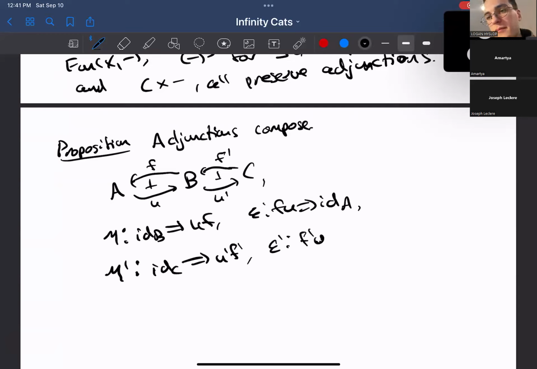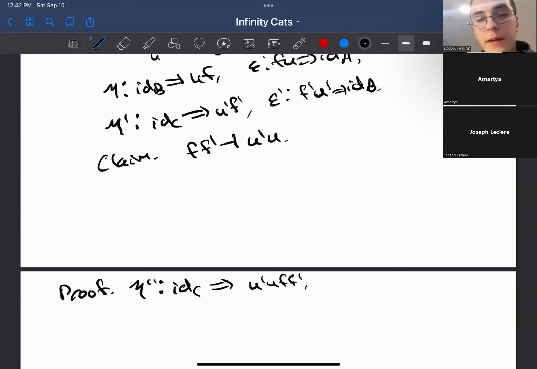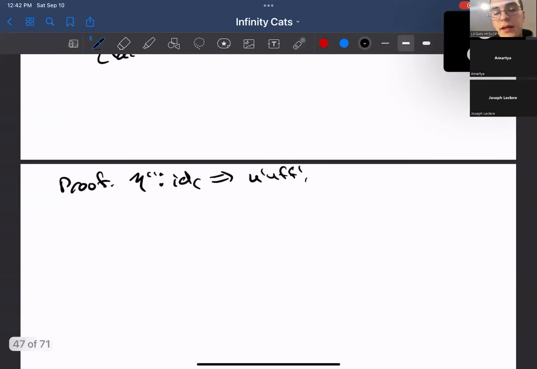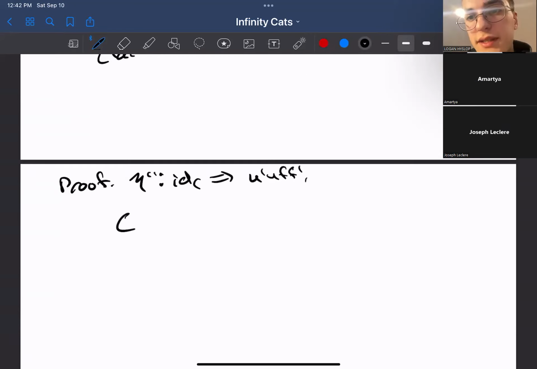All right, so now let's prove this fact. With these natural transformations in hand, we're going to define a new natural transformation eta prime prime that maps the identity of C to U prime U F F prime. And we're going to define this by: start with C here, the identity over to C. Now we're going to go down here by F prime.